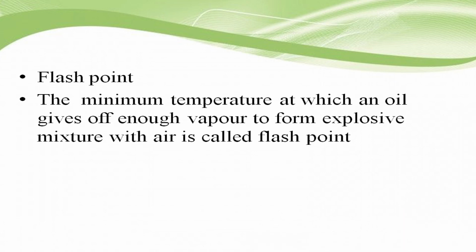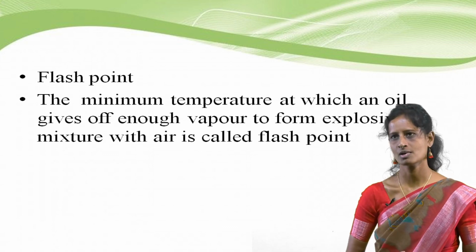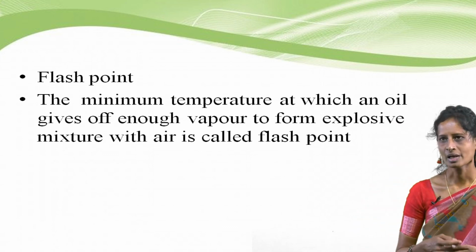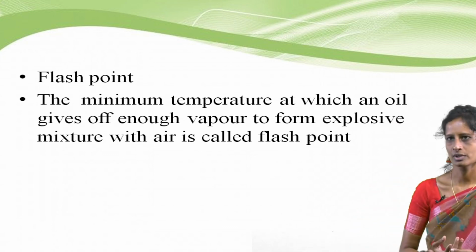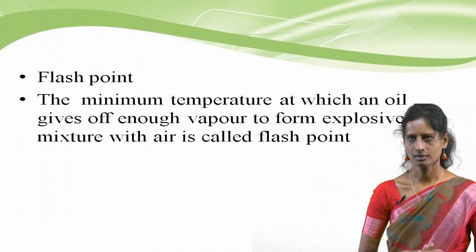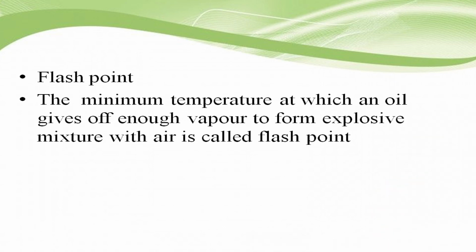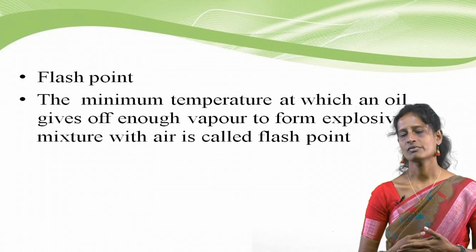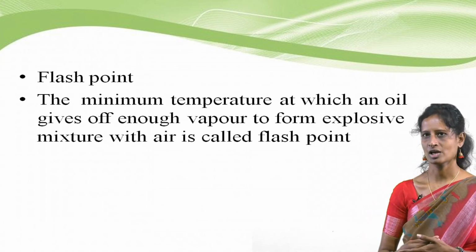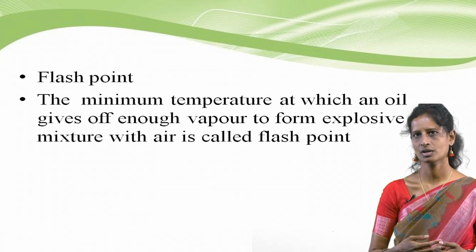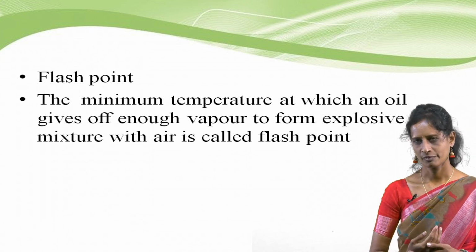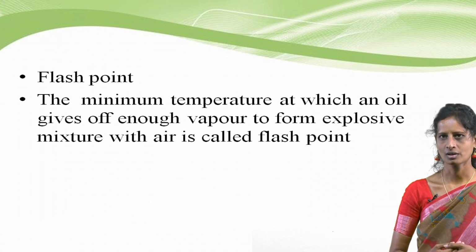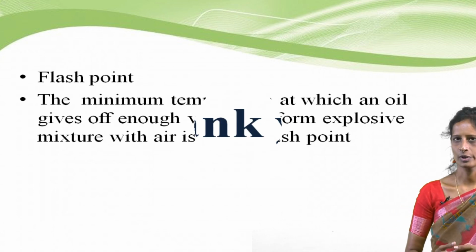Here we use only the minimum temperature, because the minimum temperature gives enough vapor. Explosion can occur when the vapor mixes with the air. That particular point is called the flash point. Thank you.